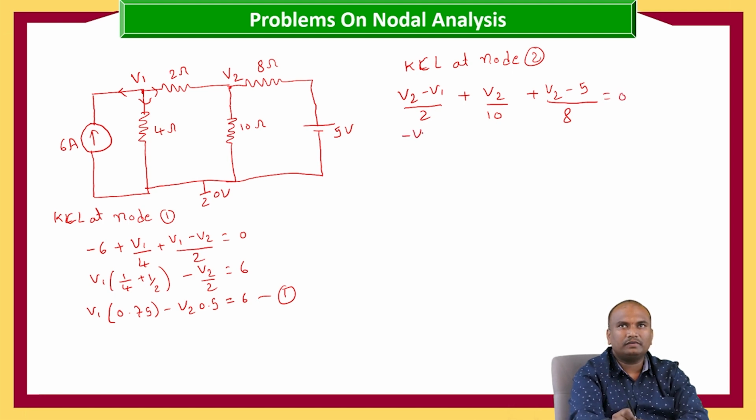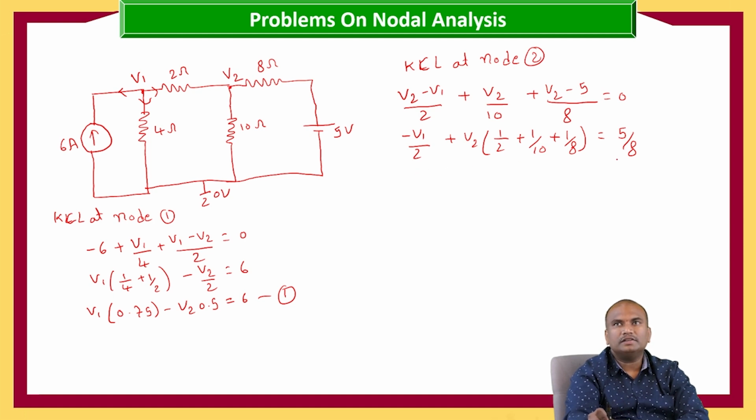That is minus V1 by 2 plus V2 into (1 by 2 plus 1 by 10 plus 1 by 8), which is equals to 5 by 8. This is our equation number 2.